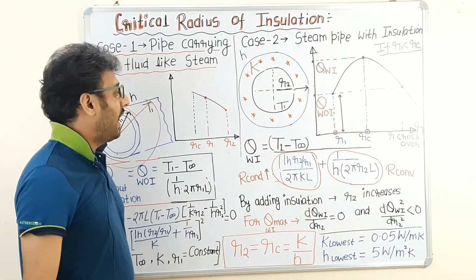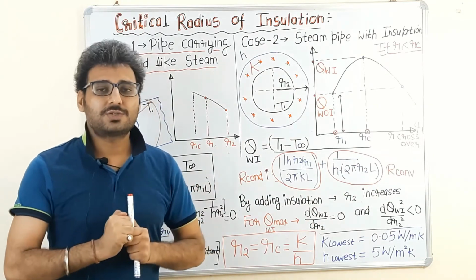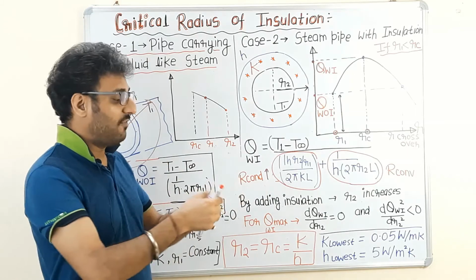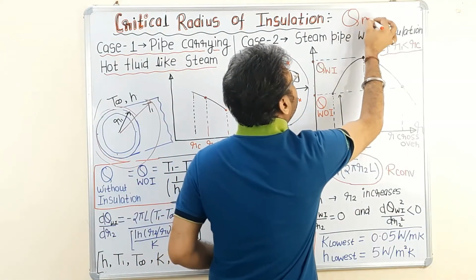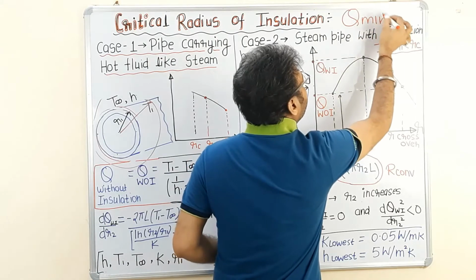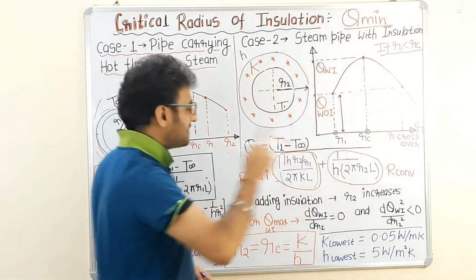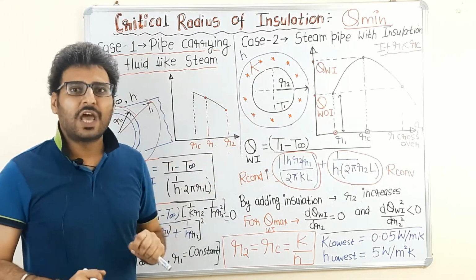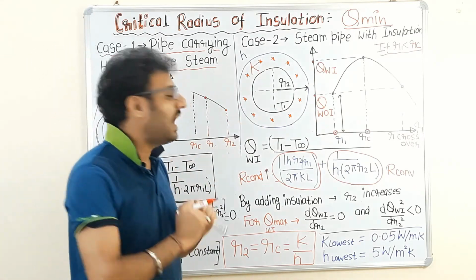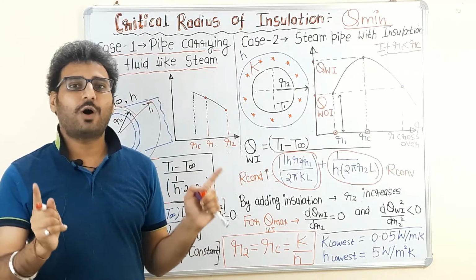So now our basic motive is to minimize the heat transfer rate by adding insulation. For this we have applied insulation. Now we have to check whether our objective is met or not.